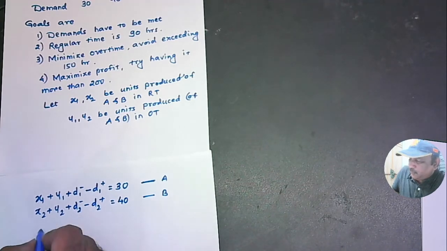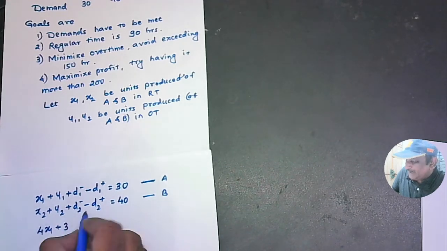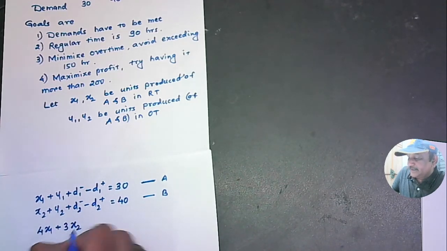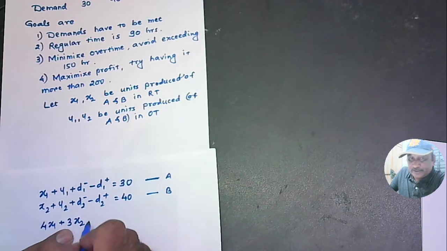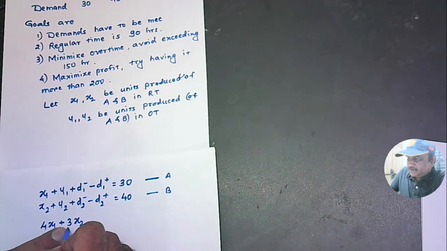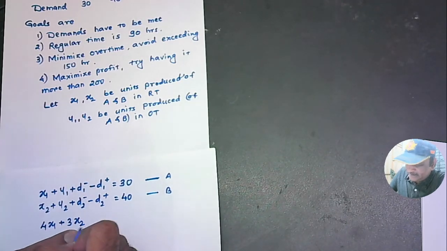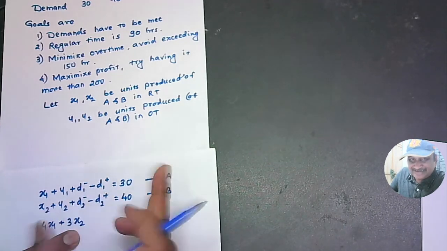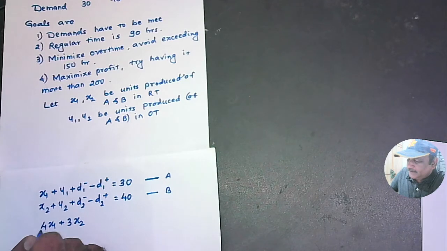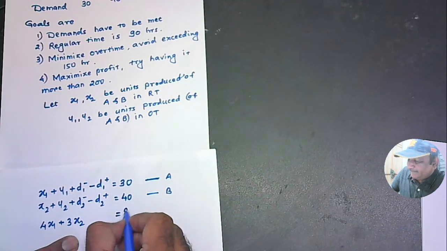So 4 into X1, plus 3 into X2. This is the regular hour production of item B. Time required for regular hour production. 3 hours are required for assembling 1 unit of B, and we are assembling X2 units in that time. All right. So 4x1 plus 3x2, this has to be equal to 90.